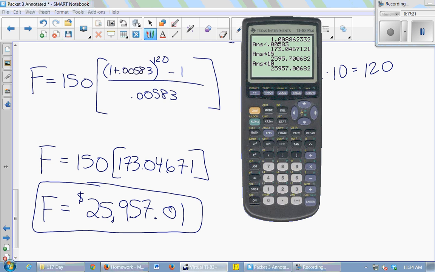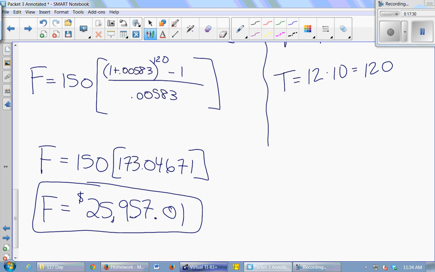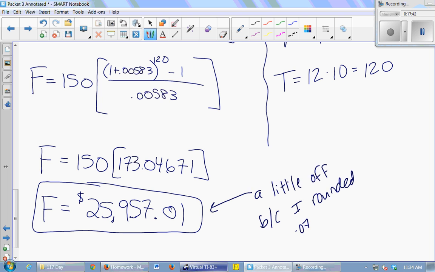But I'm more interested in the process than the exact accuracy. This is a little off because I rounded the 0.07 divided by 12. Right? Any questions on this one?